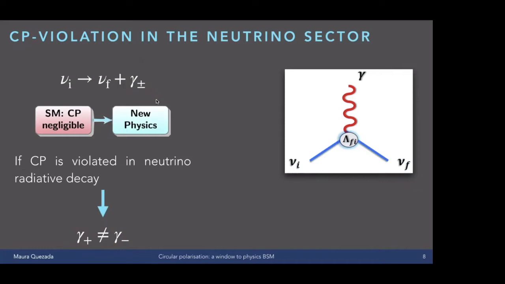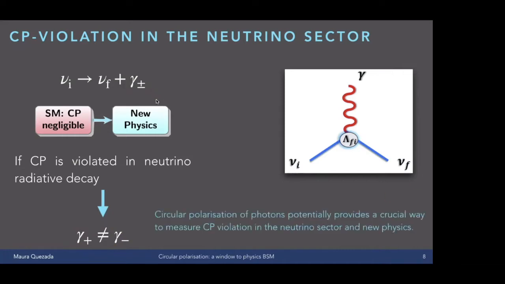So that means that the circular polarization of photons can potentially provide a crucial way to measure CP violation in the neutrino sector of physics. By observing this net circular polarization, we can also be measuring the CP asymmetry in this kind of process. Now, this is a very general way to say this.